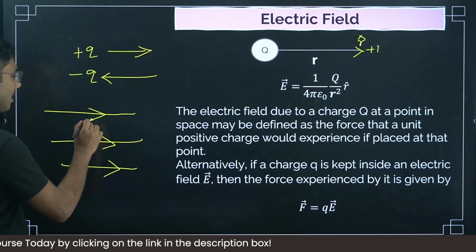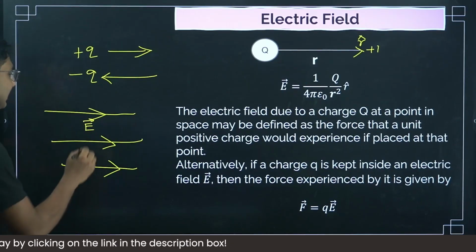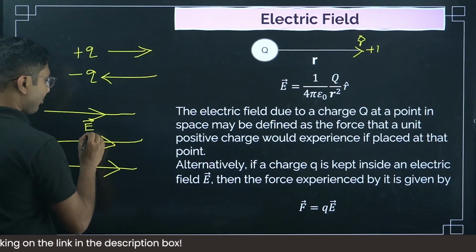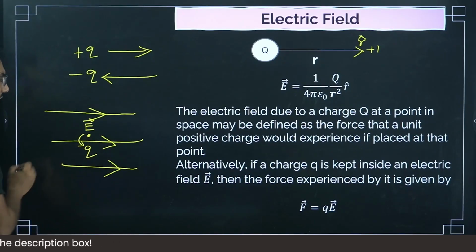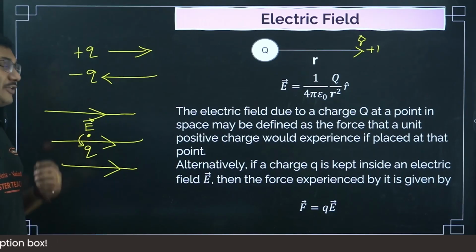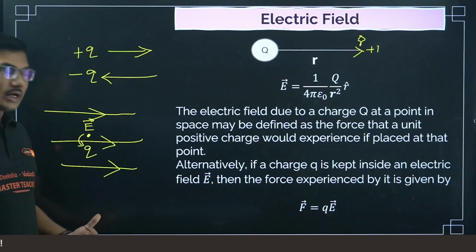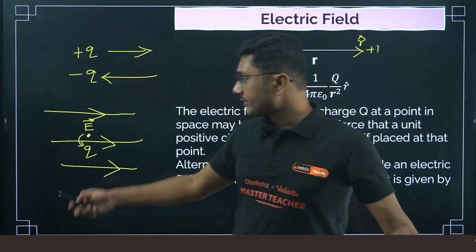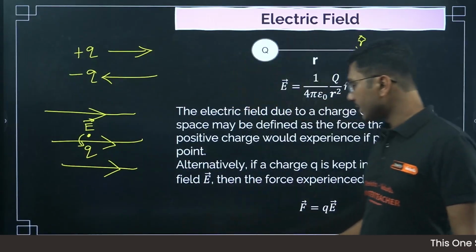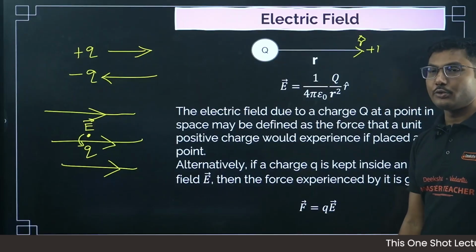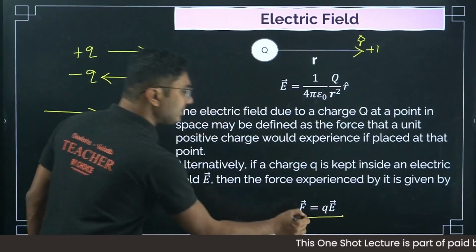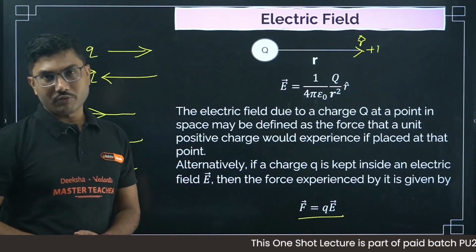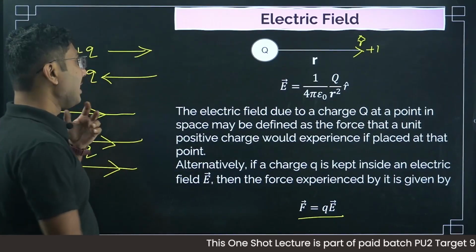Now if you place a charge Q at this point, this charge will experience a force. That force is given by Q into E. Clear? Even though this is a very simple formula, it is super important. We will see that in the later half.